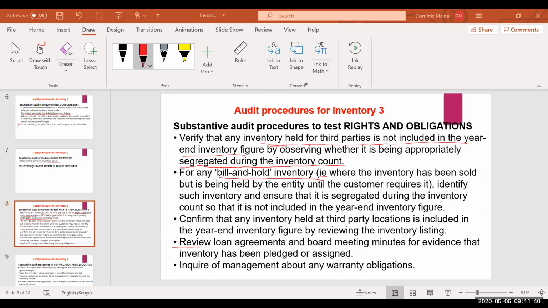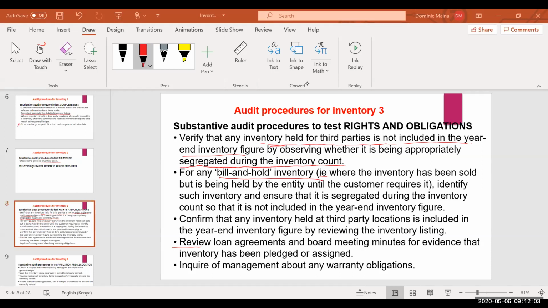Jeffrey? Yes, what will happen? The asset will be sold. Yeah, more or less. That can happen.